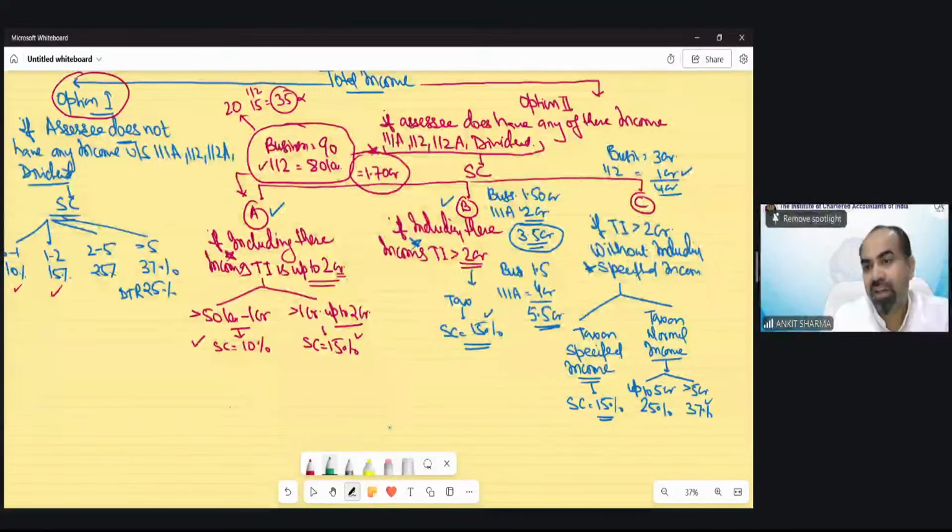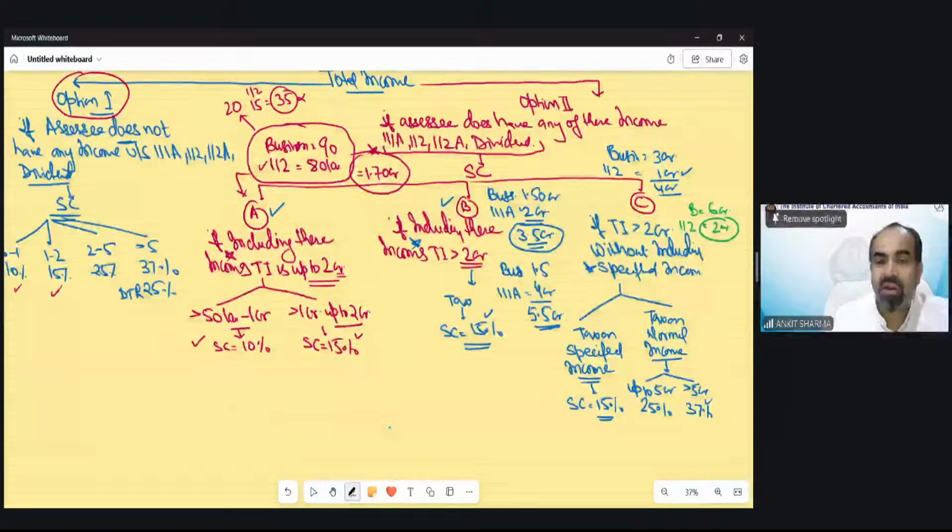Suppose in this case, I will write it down, business income is suppose 6 crore and 112 income is 2 crore. Then on 2 crore rupees income, the surcharge rate would be 15%. And on 6 crore rupees income, the surcharge rate would be 37%.